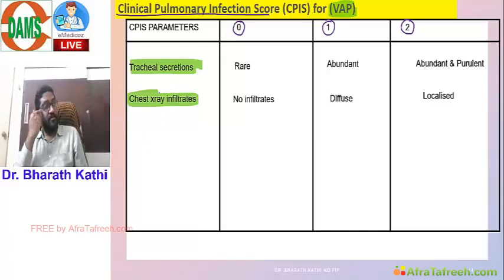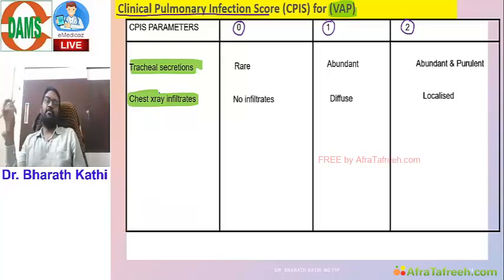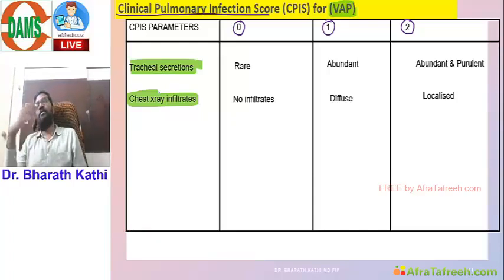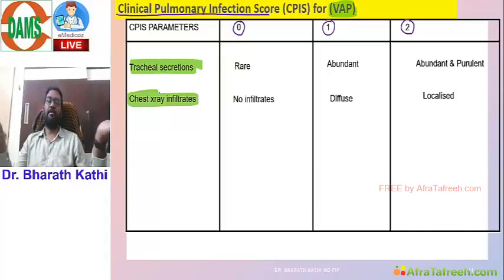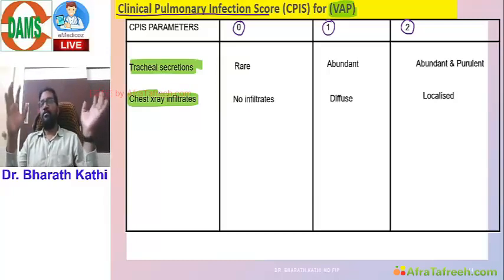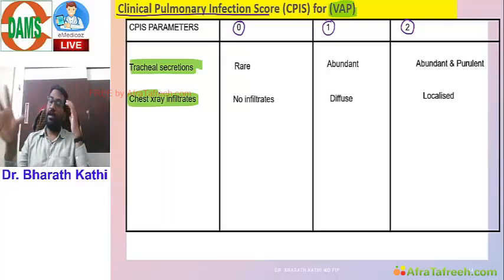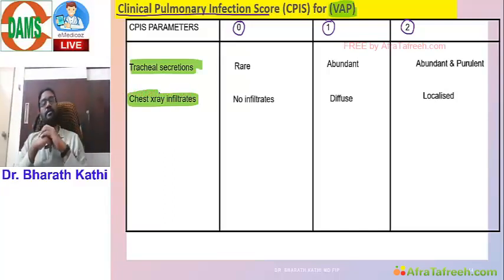Now diffuse infiltrates can be even due to the patient having ARDS. So why are diffuse infiltrates taken as less problematic here? Because the patient is already having ARDS, so it may not be a new onset ventilator associated pneumonia. A patient with localized pneumonia indicates a new onset ventilator associated pneumonia.